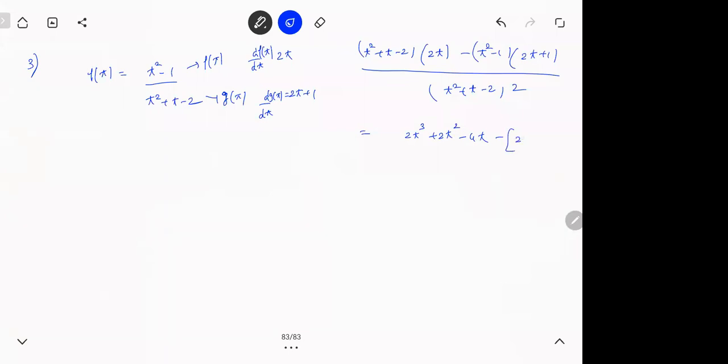This will be 2t cube plus t square minus 2t minus 1. 2t cube will cancel. T square minus 2t plus 1. You're getting it, right? आपने calculation mistake किया. Then 1 to 4 is done.